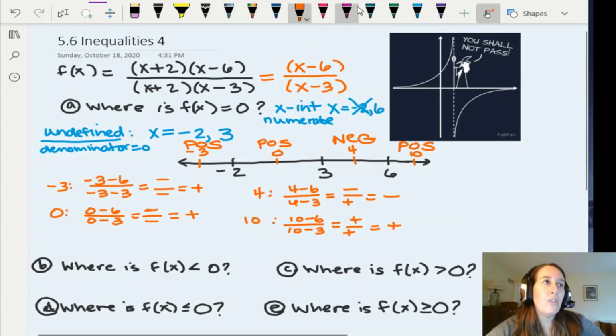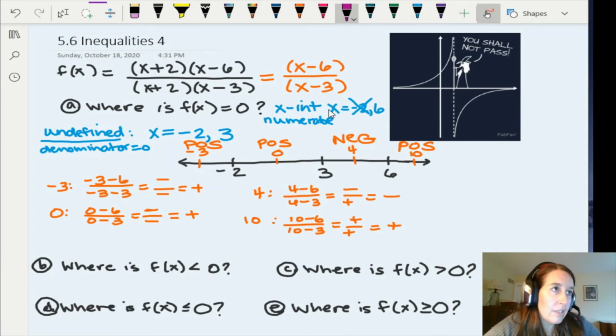Before I answer the questions, I like to say this 6 is a 0, so I can include this point if it's greater than or equal to 0 or less than or equal to 0. But these two are holes or asymptotes, and I need to use parentheses on them every time, because they're undefined points, so I can't include them.